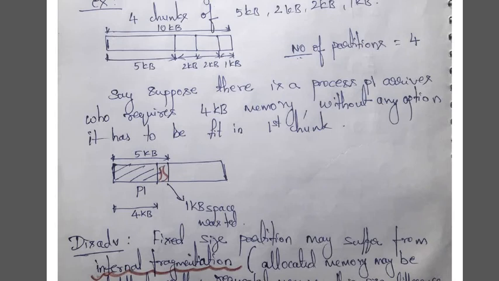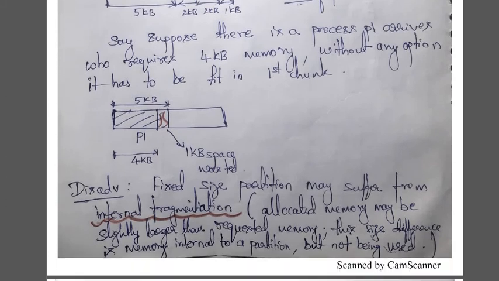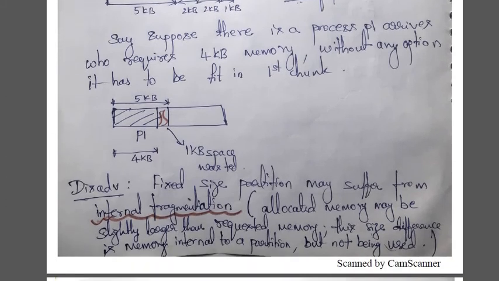Among the 4 chunks, the only possible chunk to fit it is the 5 KB one, again the first chunk. If you accommodate that process in the 5 kilobyte chunk, the remaining 2 KB would get wasted. We cannot accommodate the next process in that. So that is the disadvantage of going for fixed partitioning.